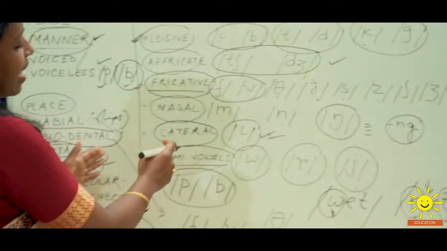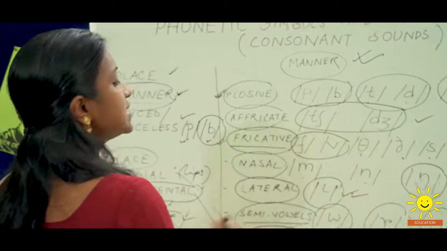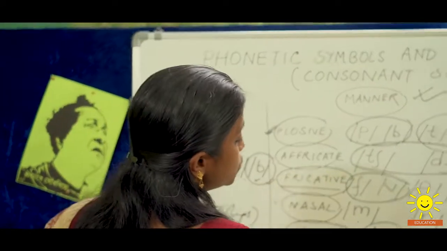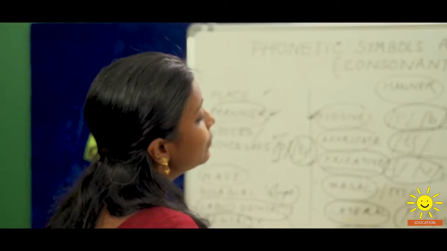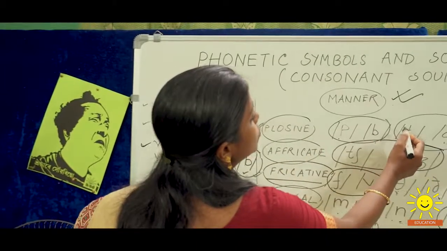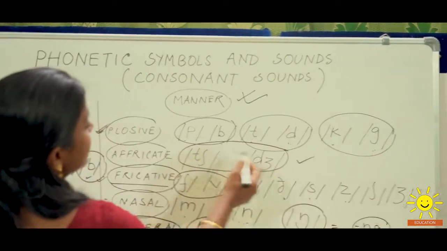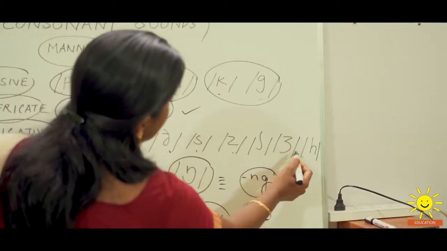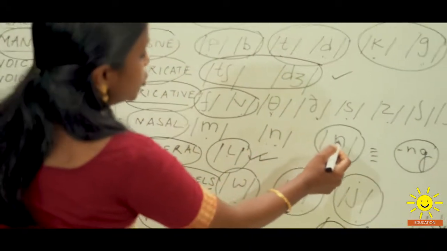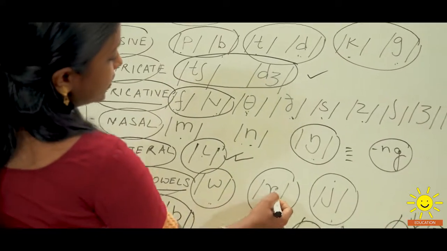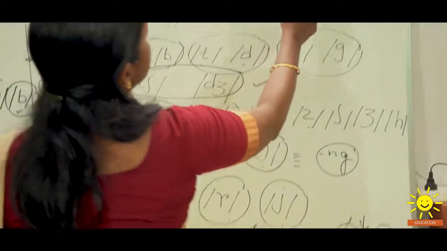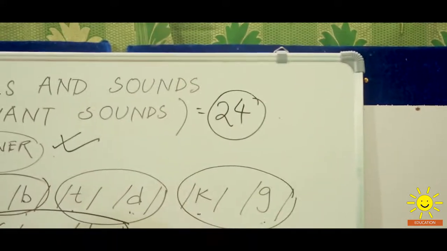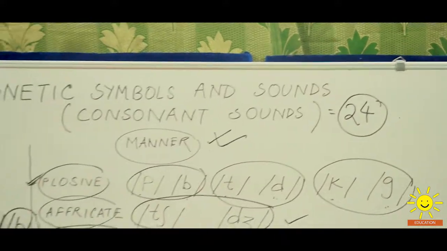So they have some characteristics of vowel sounds and some characteristics of consonant sounds, hence they are known as semi-vowels. So students, we have discussed the 24, let us count, 1, 2, 3, 4, 5, 6, 7, 8, 9, 10, 11, 12, 13, 14, 15, 16, 17, 18, 19, 20, 21, 22, 23 and 24. So there are 24 consonant sounds in British received pronunciation.